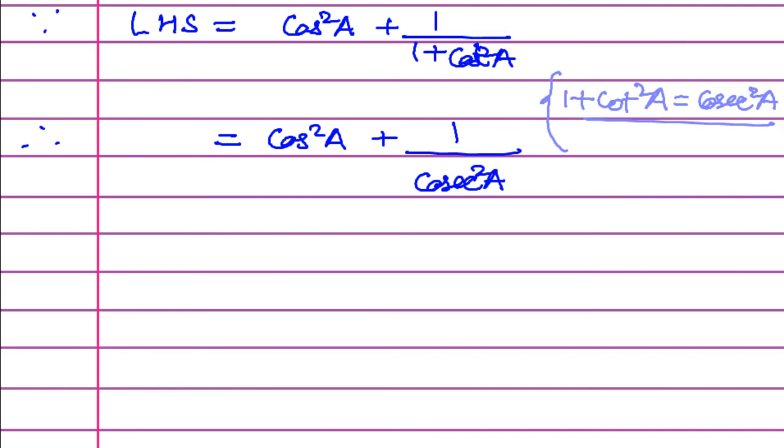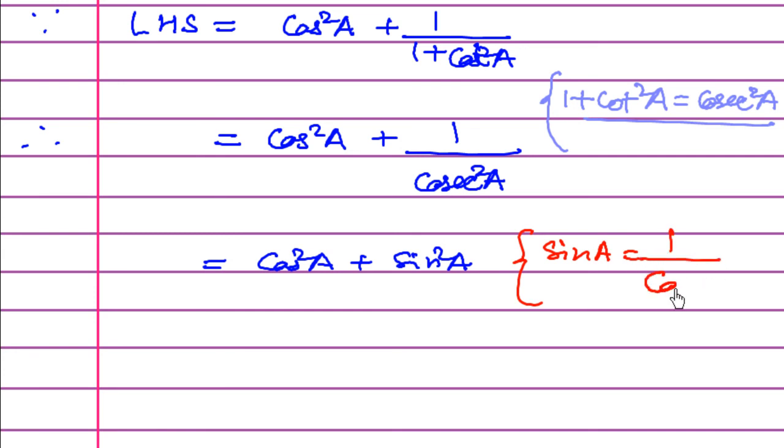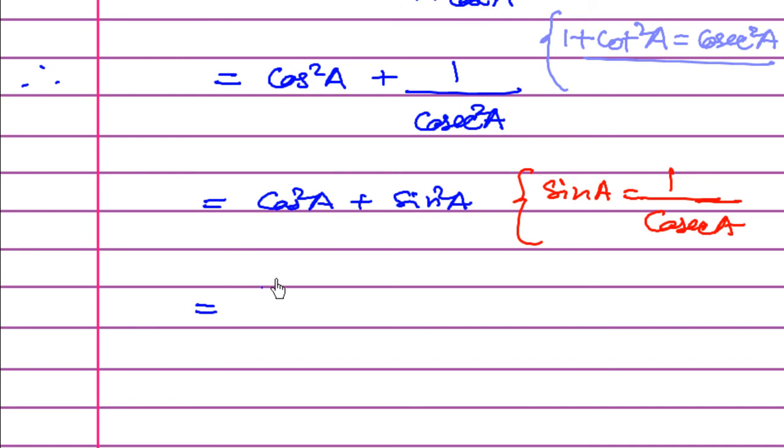In the next step, cos square A plus sin square A. I write down this identity here, because sin A is equal to 1 upon cosec A. This is the reciprocal formula. And the next step, because we know that sin square A plus cos square A is equal to 1, so it is equal to RHS now.